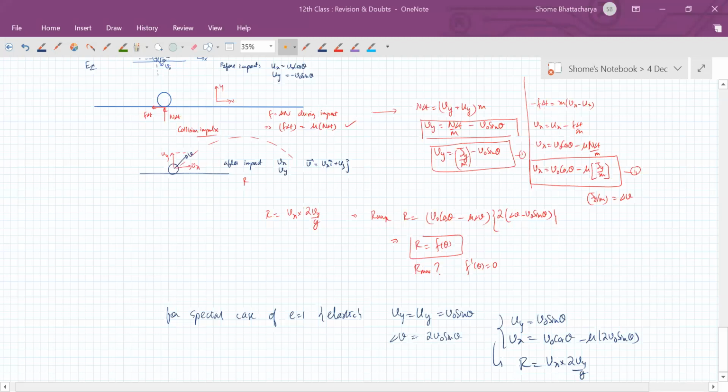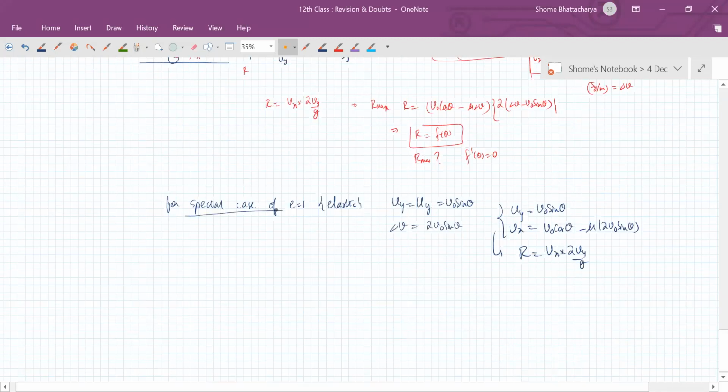Okay, it is given in the question that it's perfectly elastic. So then you use this condition that it is perfectly elastic.